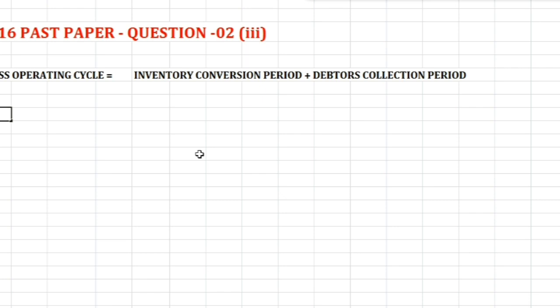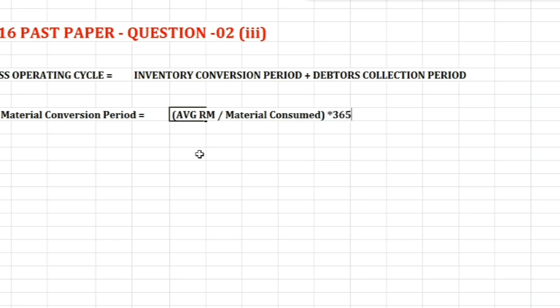The raw material conversion period equals average raw material divided by material consumed, into 365 days. This 365 days is given in the question.